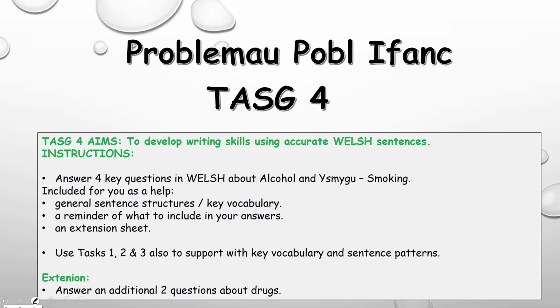And finally now we have reached task 4, the writing task. We want you to simply answer 4 key questions for this topic. And we have included slides to support you with this task.